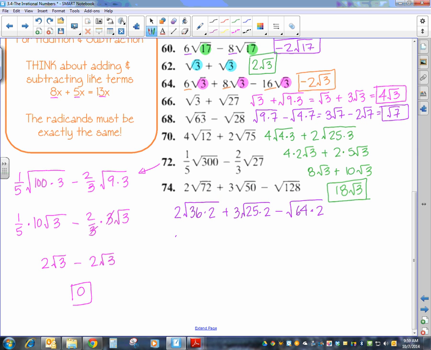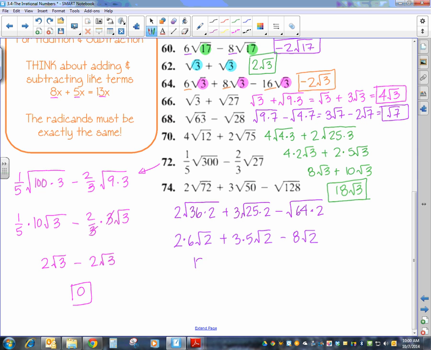So this becomes 2 times 6 square roots of 2 plus 3 times 5 square roots of 2 minus 8 square roots of 2.